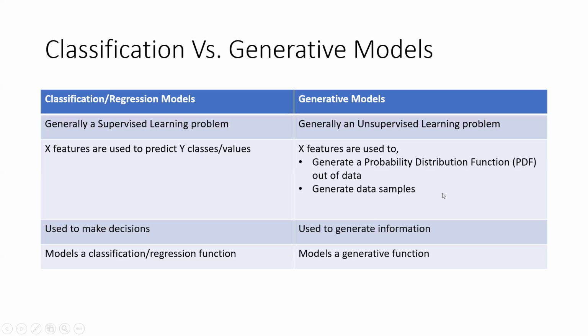Right? So this is common for the other classification and regression models as well. But when it comes to these models, creating a probability distribution function is especially important, because the main objective is to generate samples, right?